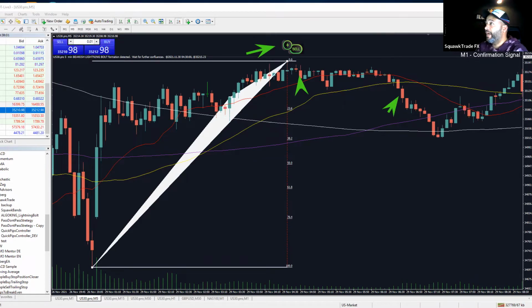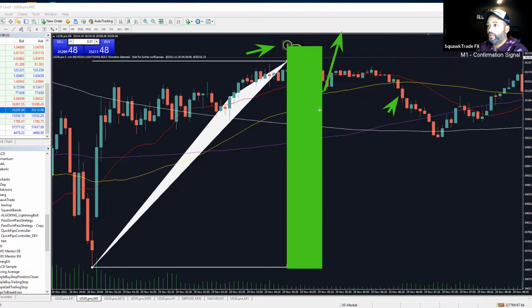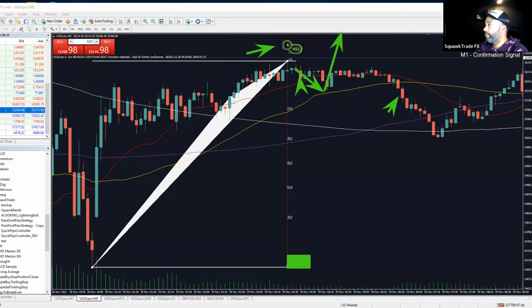If price moves down, as it does, and then moves back up to a higher price, you will get another lightning bolt that will shoot up. I can't do a diagonal, I guess, so I'll just do it from here.